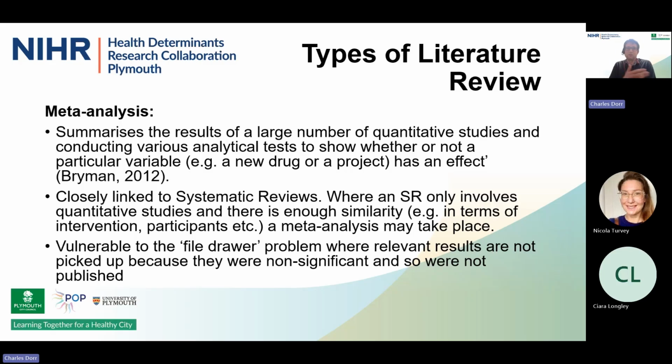Basically, if a systematic review is just using quantitative studies, and that would tend to be RCTs, randomized controlled trials, then you may use a meta-analysis to bring the findings together.